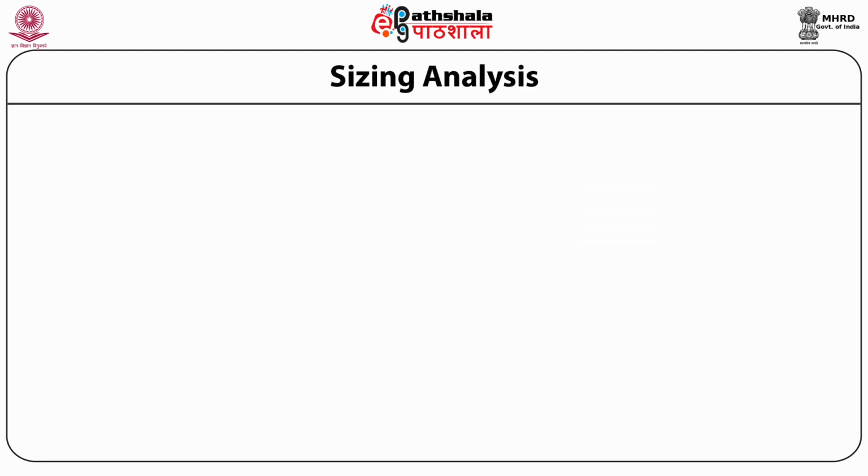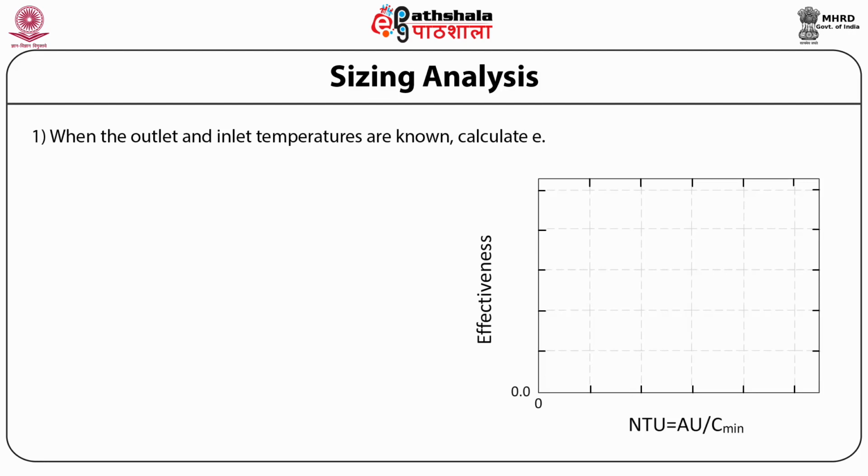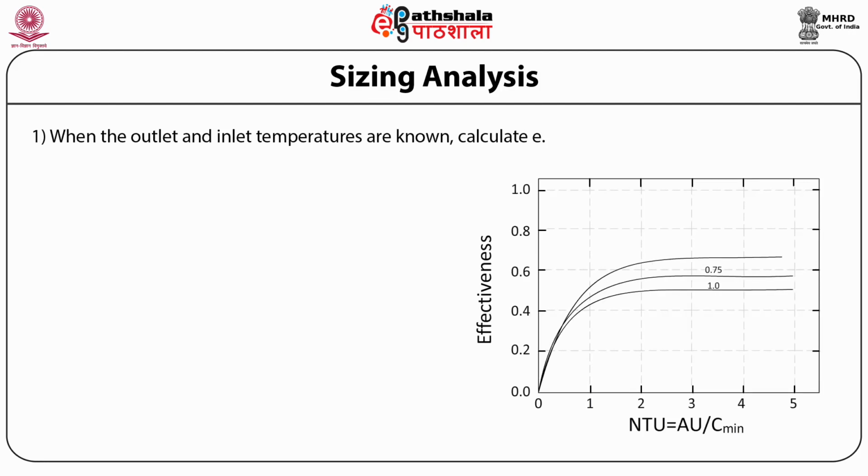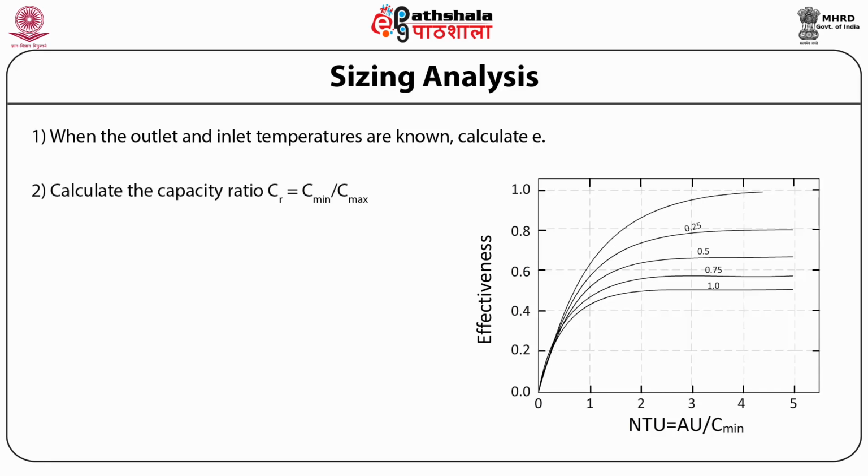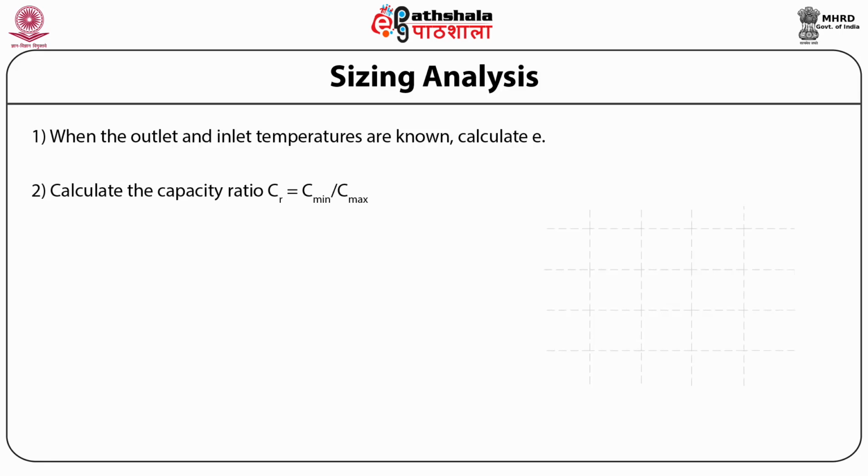Here we will do the sizing analysis, that is how to calculate the total transfer surface area. Step 1, when the outlet and inlet temperatures are known, we can calculate the effectiveness. Step 2, calculate the capacity ratio CR equal to C minimum divided by C maximum.